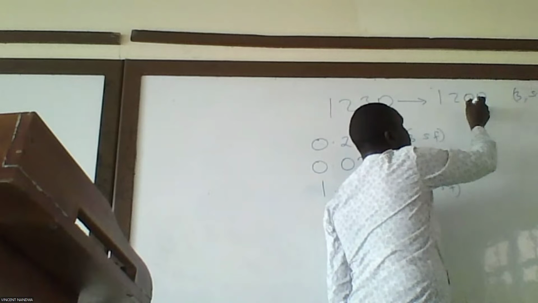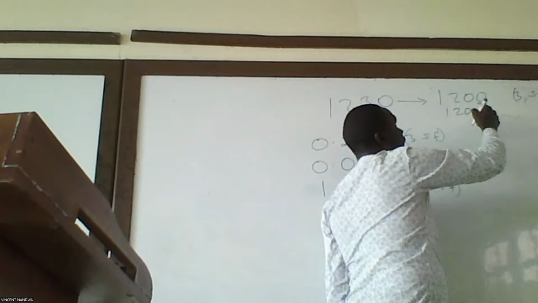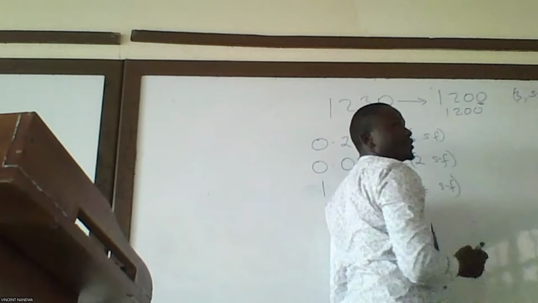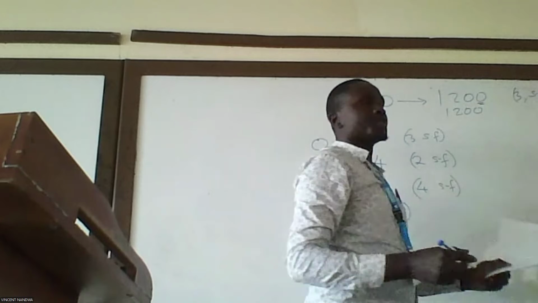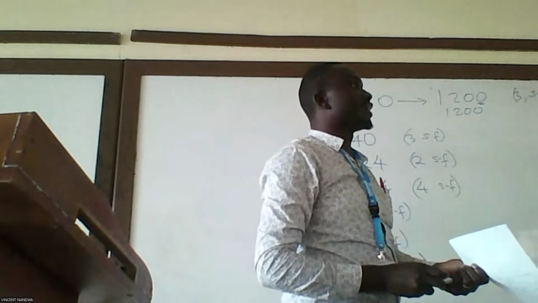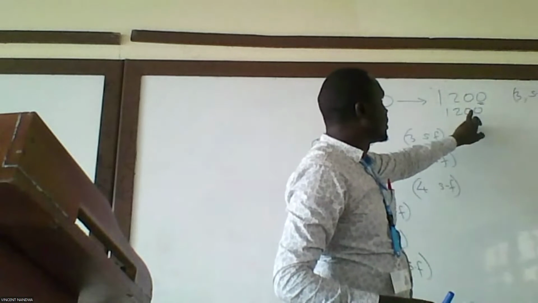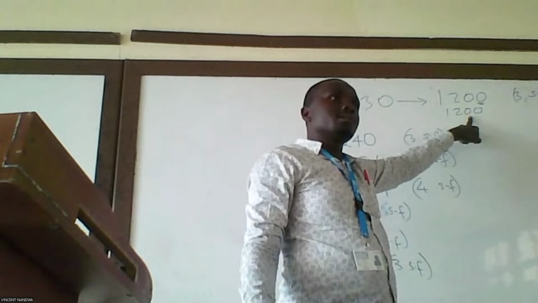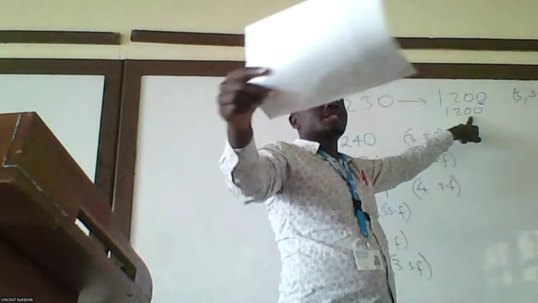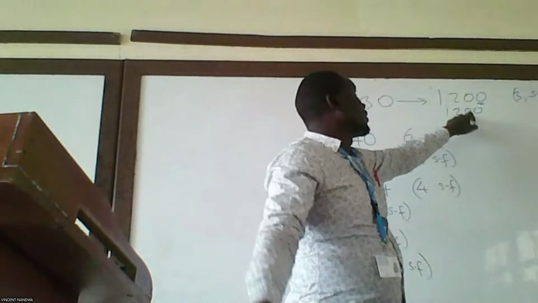So this being 0 does not change the size of this position. So the position remains the way it is. So I'll have 0, this is 2, this is 1. And we replace this position by 0. So when the instruction is to round off to 3 significant figures, then in this number, this 0 here will be significant. But unless that instruction is given clearly, this remains 2 significant figures.